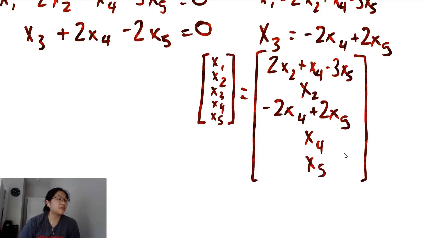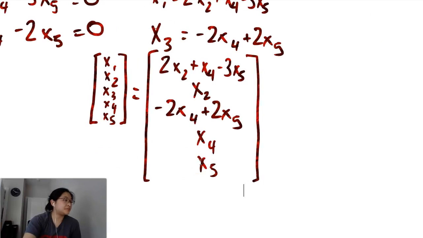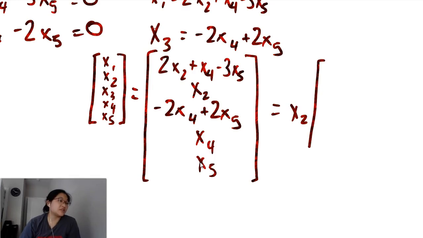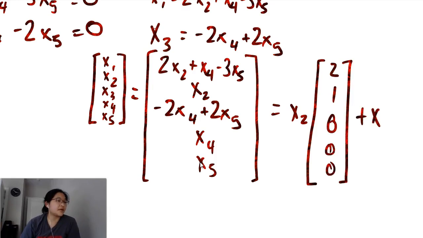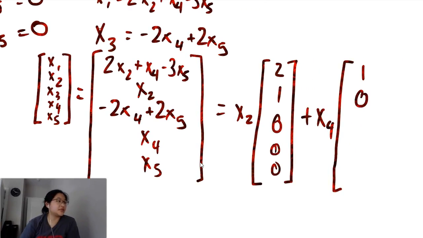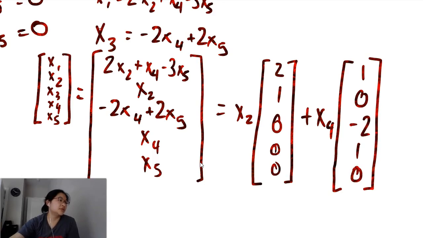Then we can break this up so that we can write this in terms of weights with our x2, x4, and x5. So we get 2, 1, and then we get zeros. x4 times the vector 1, 0, negative 2, 1, 0, coming from all the x4s that we have.